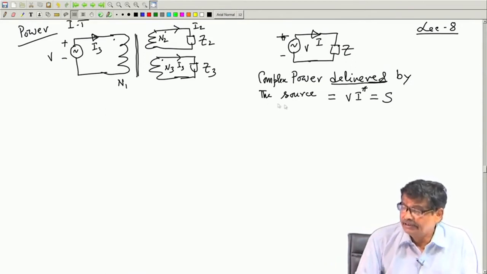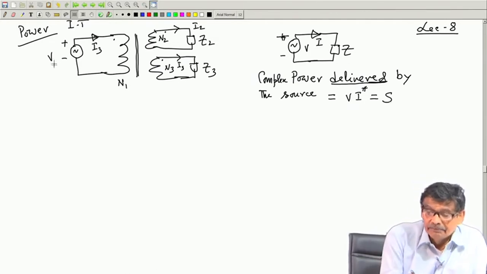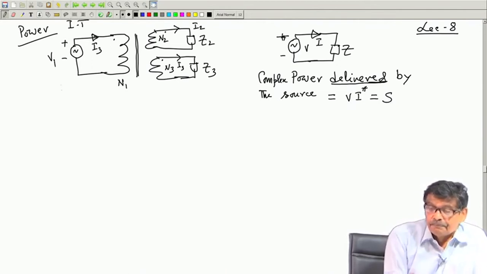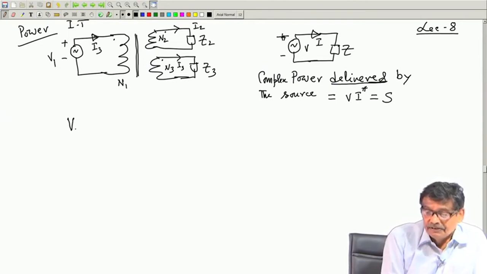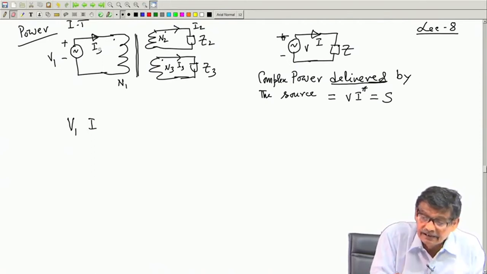So, this is the equation I will be using here to balance the power, and I will demand that, see what is the power delivered by the source. It is V 1 I 1, I am so sorry, this is I 1.